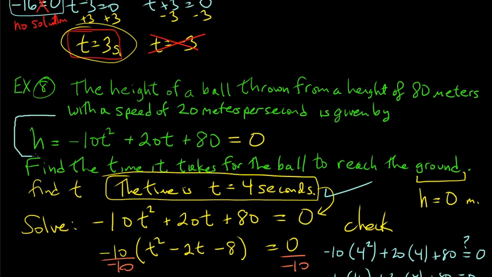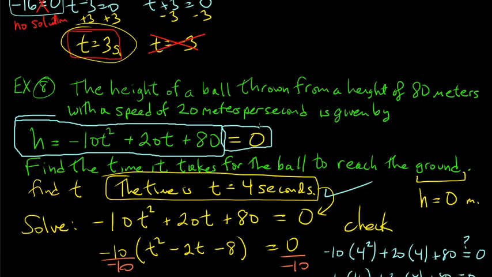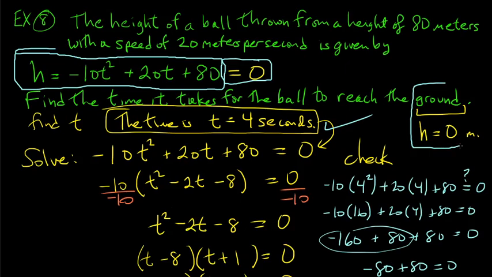Here, they gave us this equation here. Where that comes from doesn't matter. It's a physics question, but we're not going to answer that here, right? Now, the equal 0 part, that you had to figure out because we want it to be on the ground, and the ground is level 0, right? 0 meters above the ground.